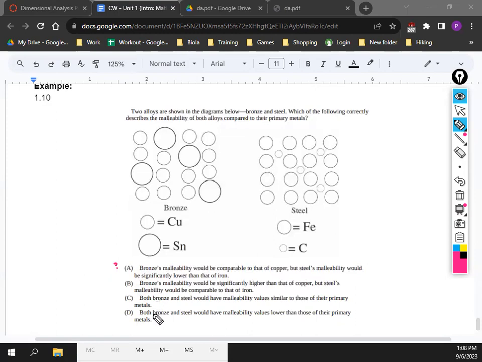Same thing here, but C is going to be incorrect because we know that the alloys are always going to be less malleable. And then D is the one that is spot on. It says bronze and steel are going to have malleability values lower than their primary metal. So D is going to be the correct answer. Okay?